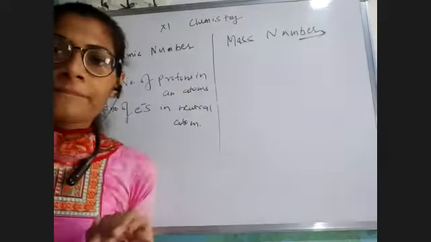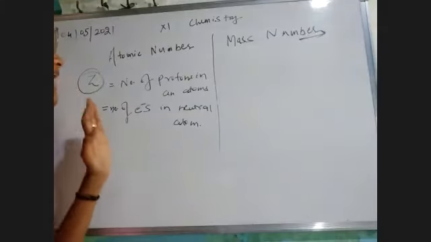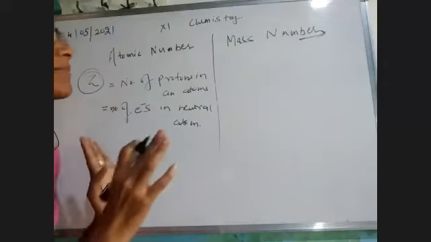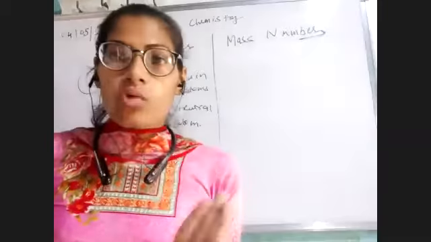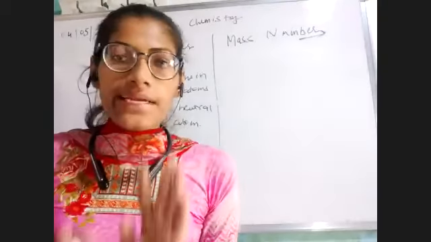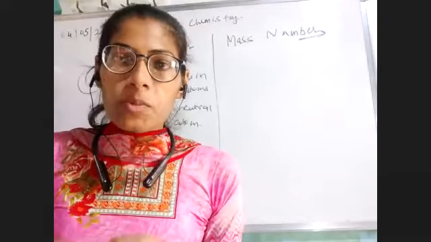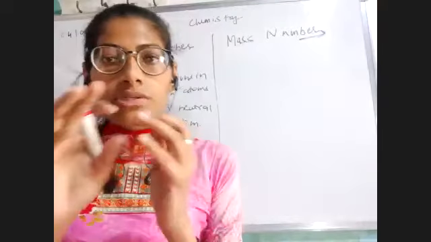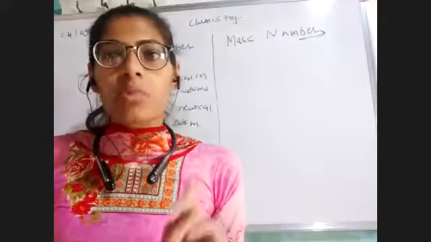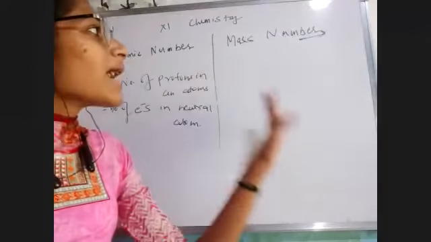Okay. Now, what is mass number? We have known about the atomic number. Atomic number mainly told us that the number of protons equals the number of electrons, so that our whole atom must be neutral, must be stable. Second, mass number.